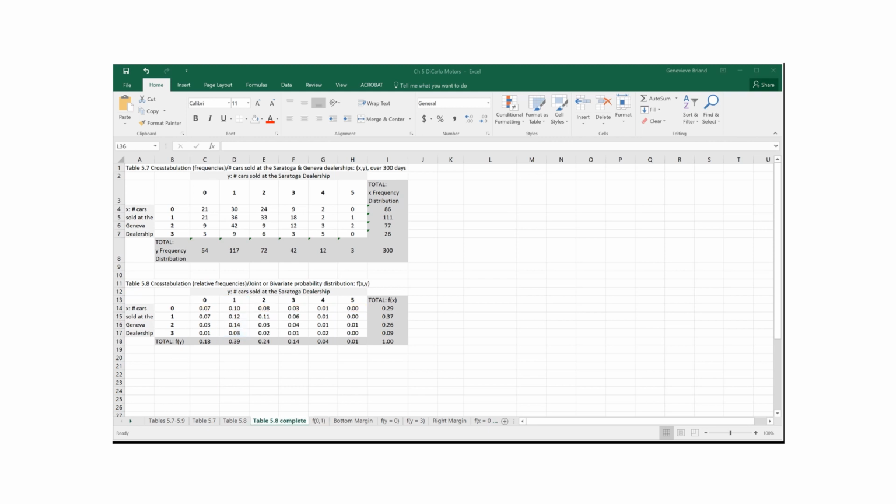So each cell in the body of the table gives us a joint or bivariate probability for car sales at both dealerships. And the marginal probabilities are going to be found at the margins of the table. We got the numbers at the bottom margin by adding the joint probability for each column across rows.